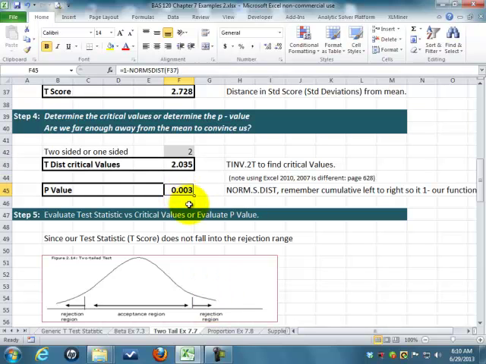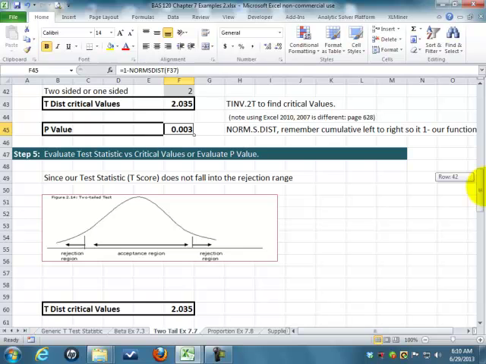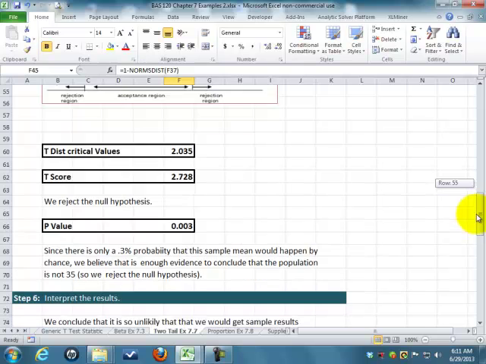Our p-value of 0.003 indicates that there's only a 0.3% chance that we would get that score or greater, which is well less than our alpha. So the probability of getting these results is extremely small and in our rejection region. So in step 5, we compare the two statistics.